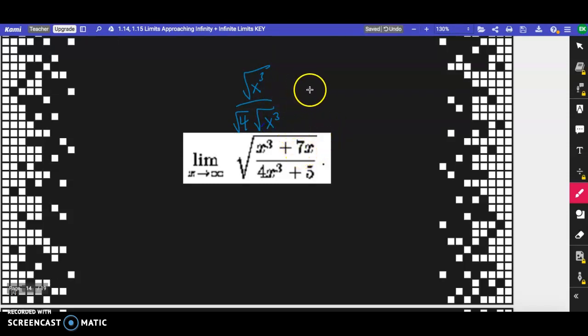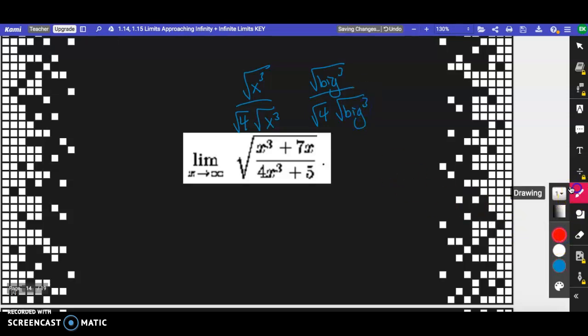And you're looking at it as you go towards infinity. And so then, again, non-technically, you can kind of think of it as canceling out, and you're left with the matching coefficients. So 1 over the square root of 4, which is 2.